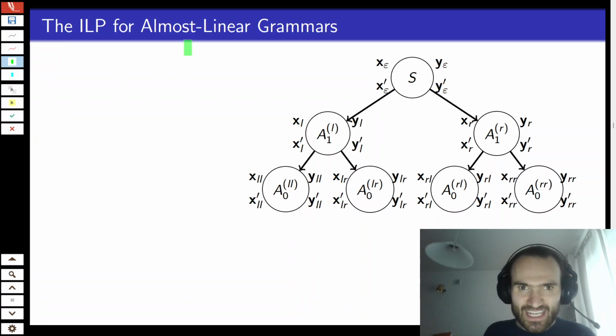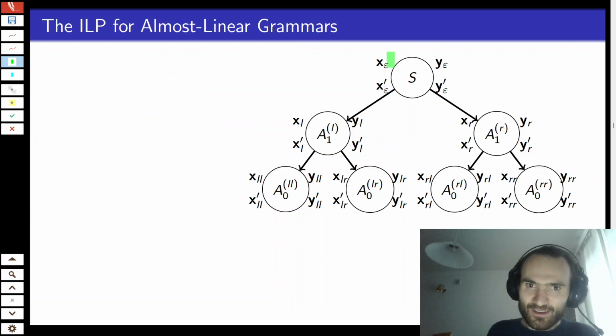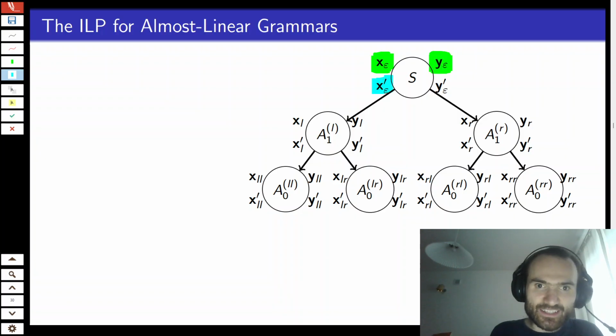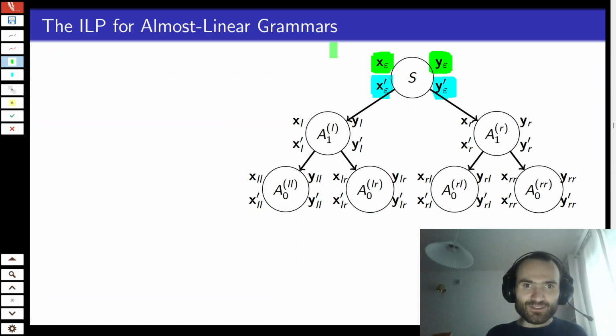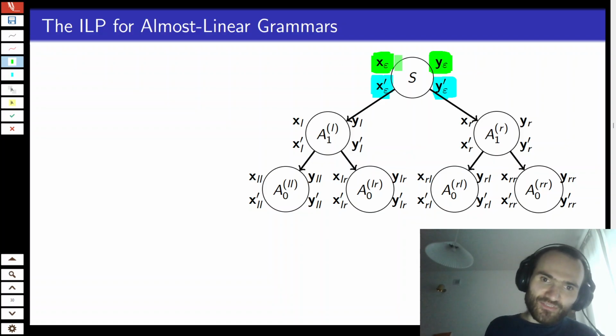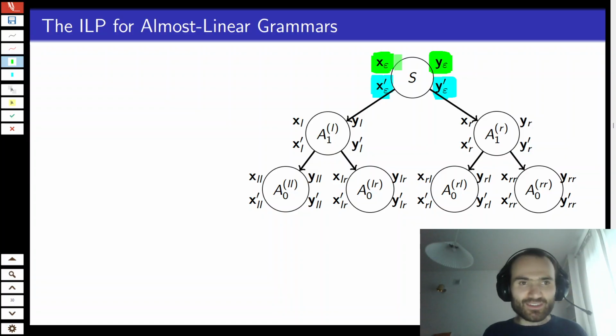Okay, what just happened to the tree? Well, the tree now has 4 situations. It has these inputs, and it has these outputs always, or this is how I view it. You have a left input and a right input, and then you have a left output and a right output.